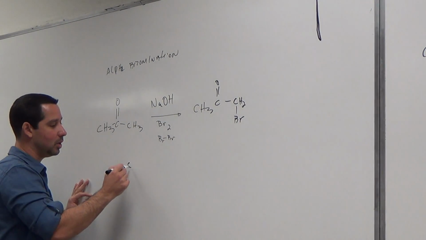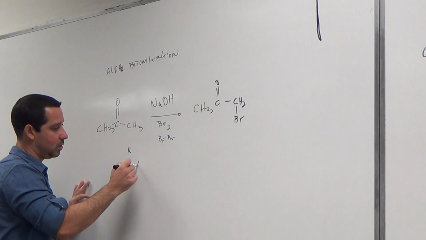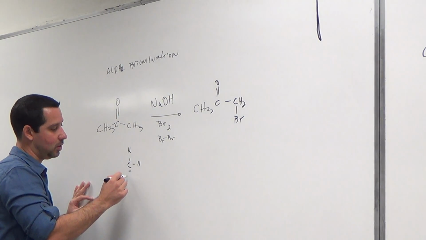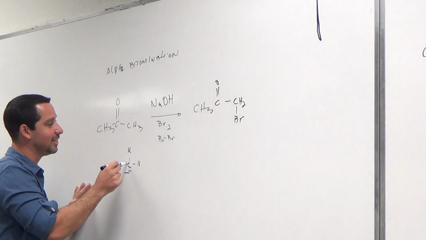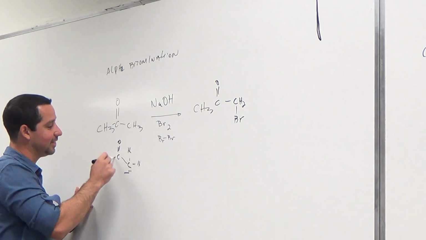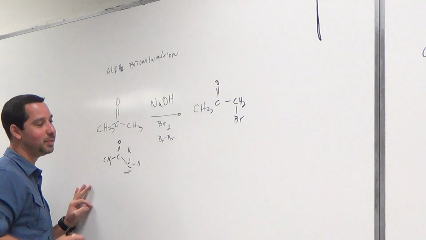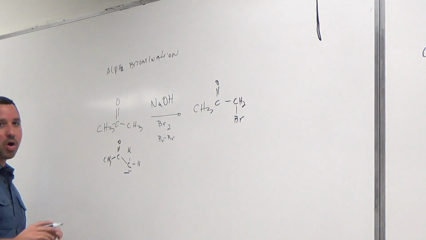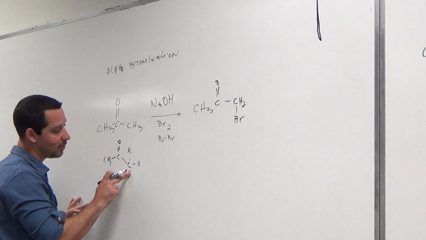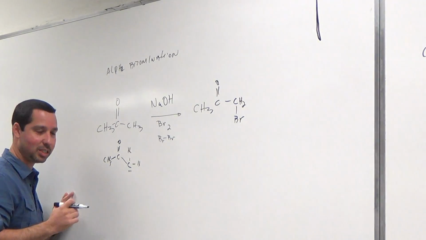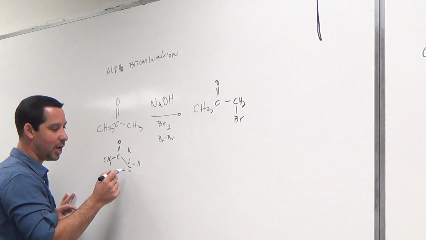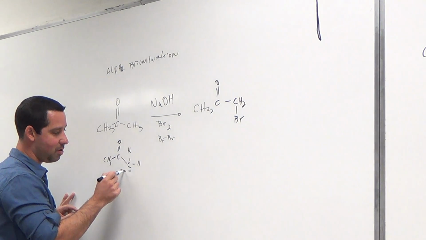The carbon is the one that always does the attack, right? I did this before, but probably you guys missed it. I said, this is the boy, and I wrote it.